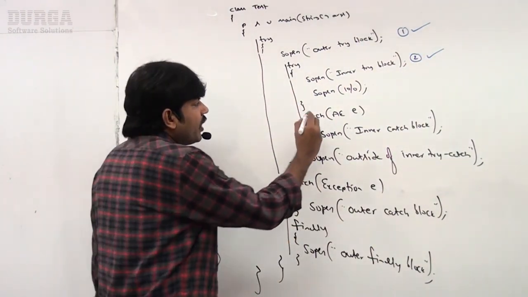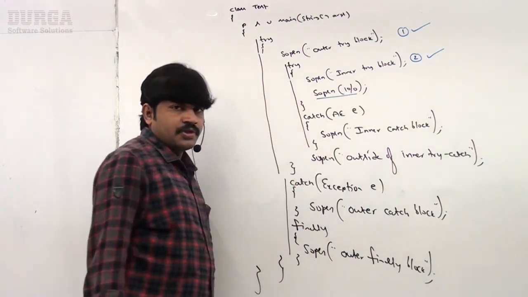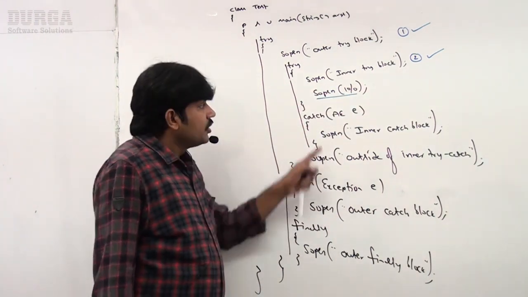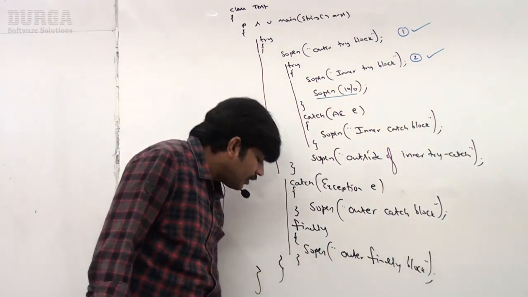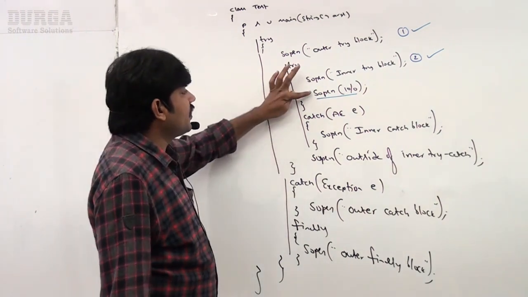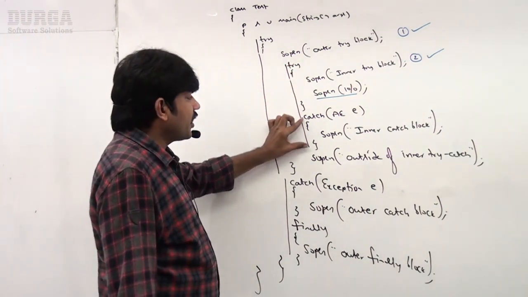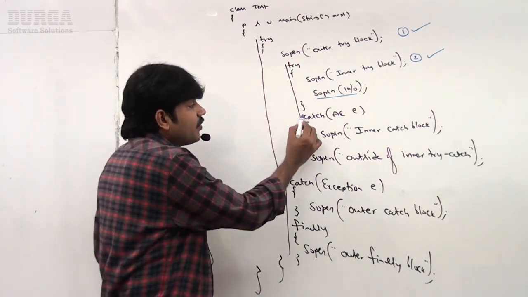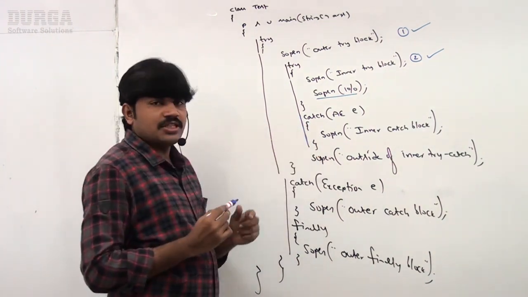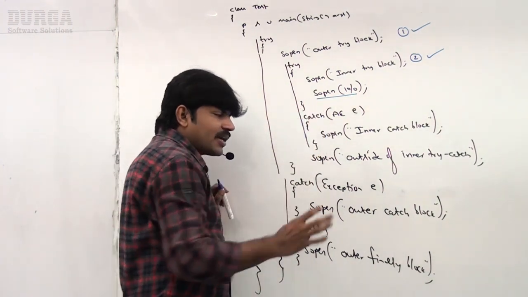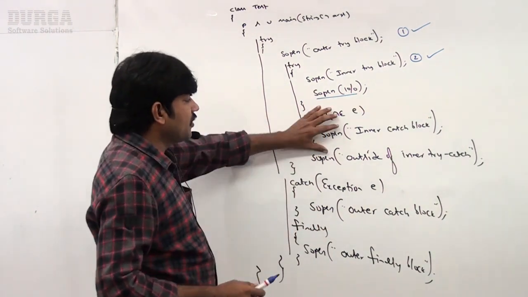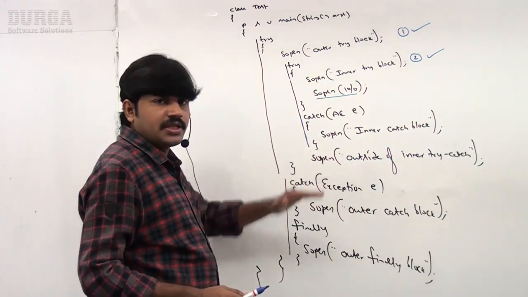Next, while executing the inner try block, an exception rises. Immediately JVM will check for any corresponding catch block, which means the inner catch block. If the inner catch block can handle it, yes, happily it will execute, and the rest of the code will be executed.